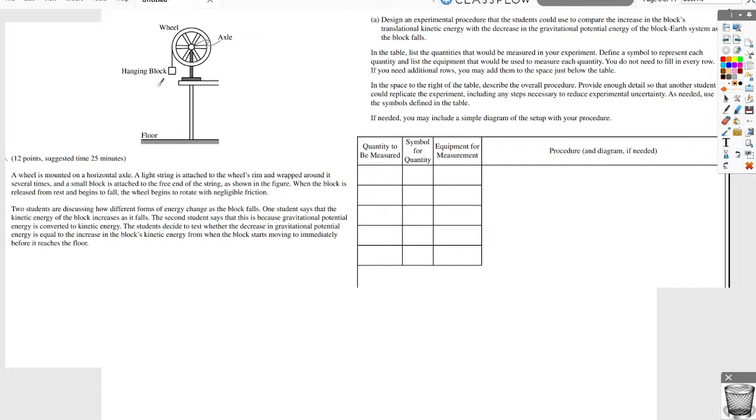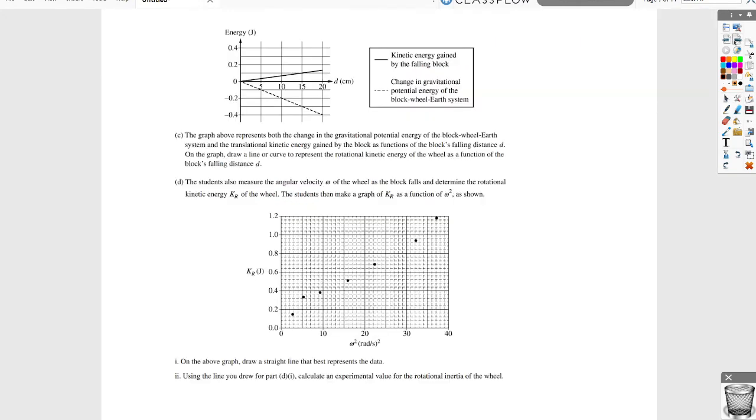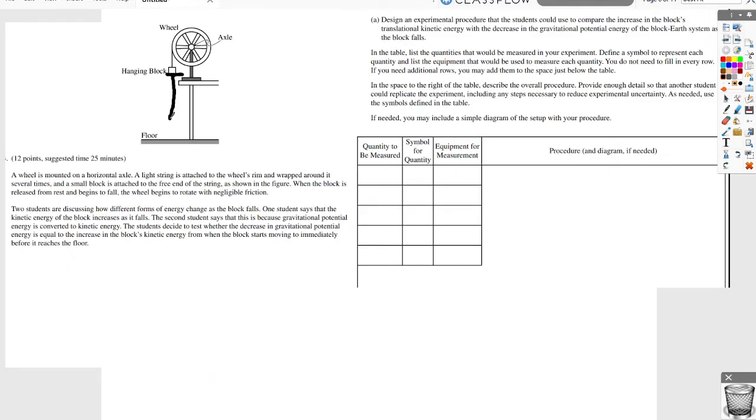D, right here. Quantity is distance, symbol D, equipment for measurement: ruler, meter stick, whatever.